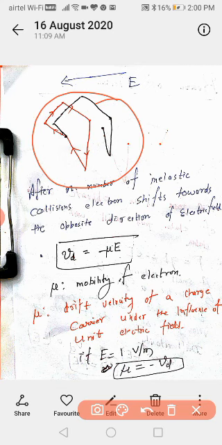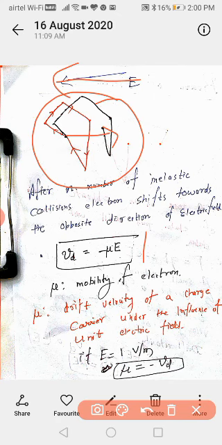So this is how the conduction of current takes place inside the conductors. After n number of inelastic collisions, electrons shift towards the opposite direction of electric field. So this is the direction of electric field, and the electron shifts opposite to it. So Vd equal to minus mu E.